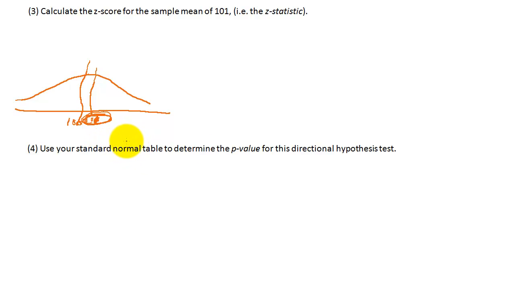It's trying to figure out the possibility of someone in the population getting 101. In other words, just getting a z-score for that.